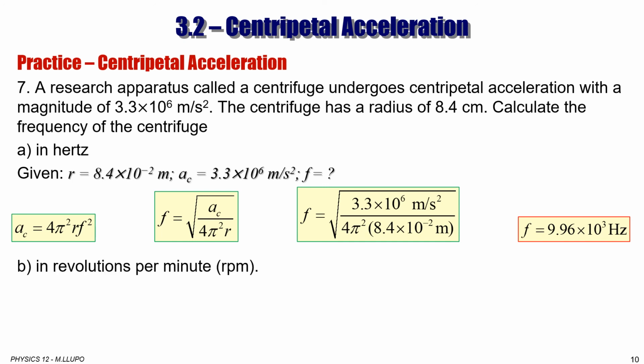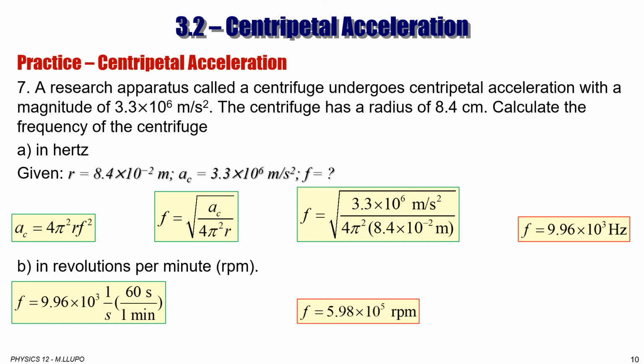If we have to convert that to revolutions per minute, we need it per minute, not per second, as hertz is per second. There are 60 seconds in 1 minute, so we multiply by 60 and we have 5.98 times 10 to the power of 5 revolutions per minute.